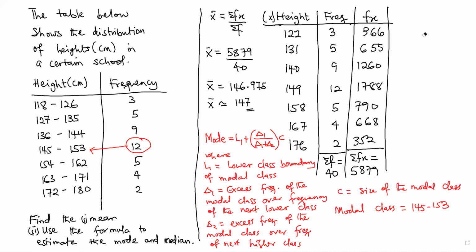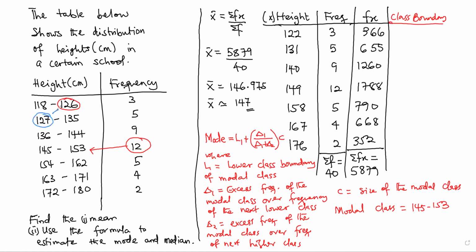So what we can now do is find the class boundary, because we will need it. This L1 is the lower class boundary of the modal class. The class boundary is taken from the limits. You look at the upper class limit, which is 126, and the lower class limit of the next one, which is 127.